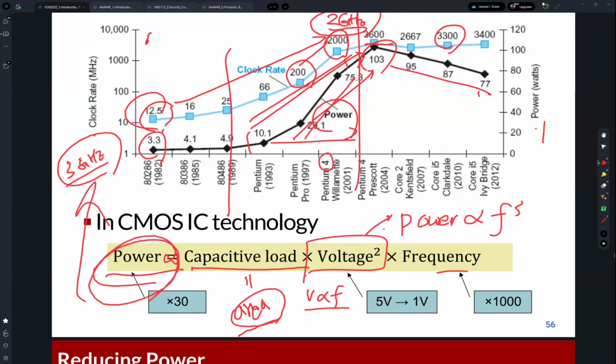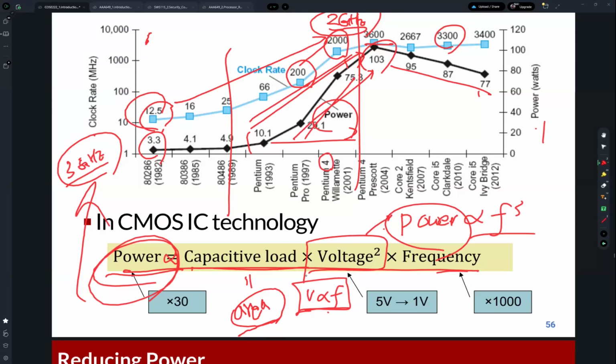Power is increased. You can understand it like this: frequency is proportional to the supply voltage, and based on this power equation, the power is proportional to the cube of the clock frequency.